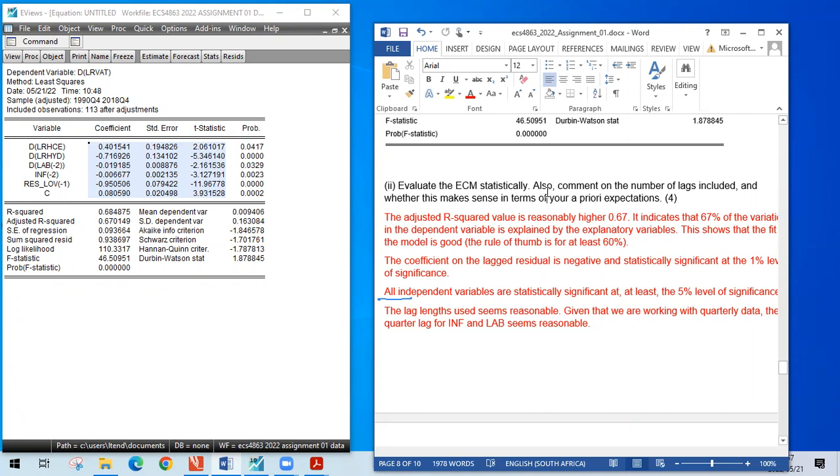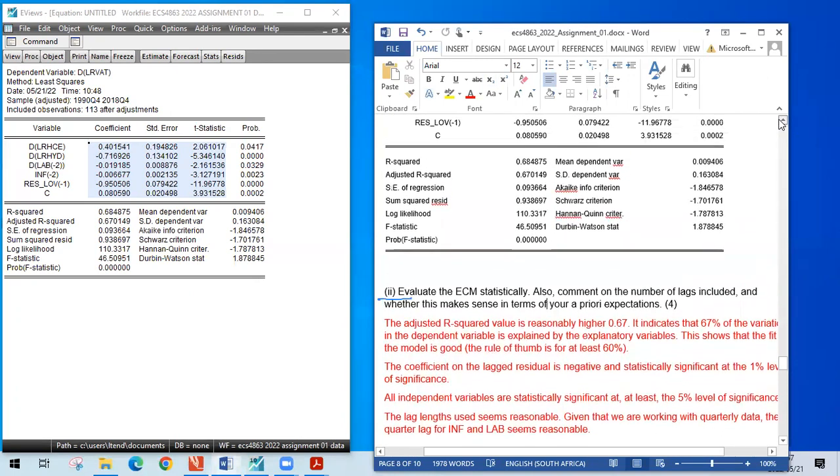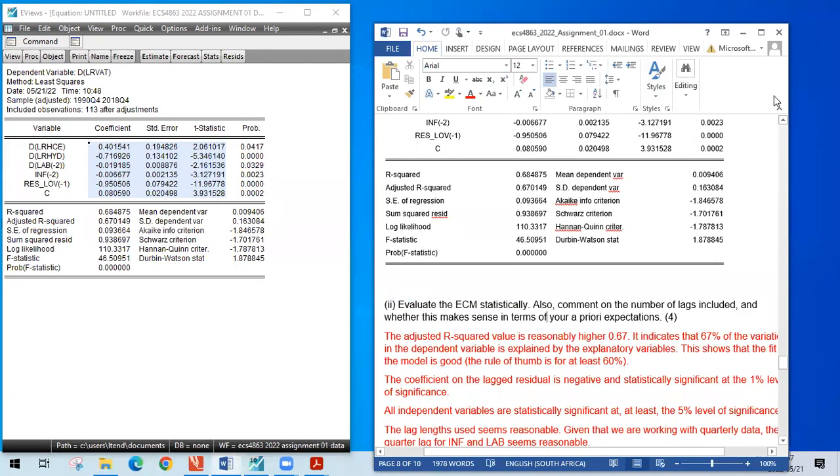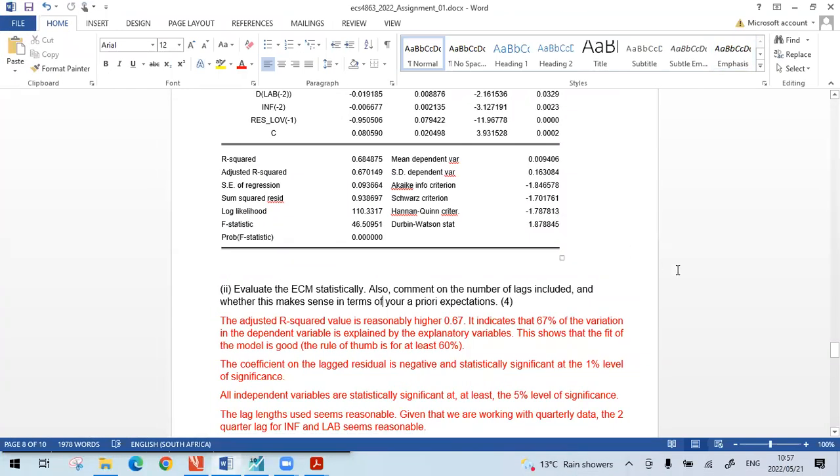What do we look at? The coefficient of beta 3. Let me make it big, so that we see what we are saying.